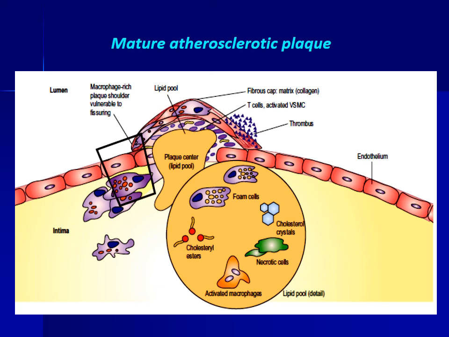Conversely, the plaque which is cell rich and collagen poor becomes unstable and may rupture. The key process leading to plaque rupture is digestion of the collagenous matrix of the plaque cap.